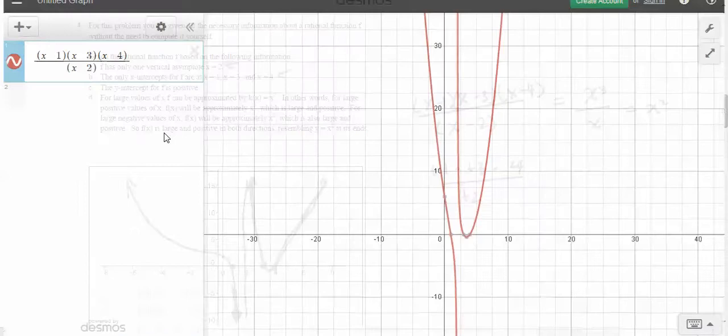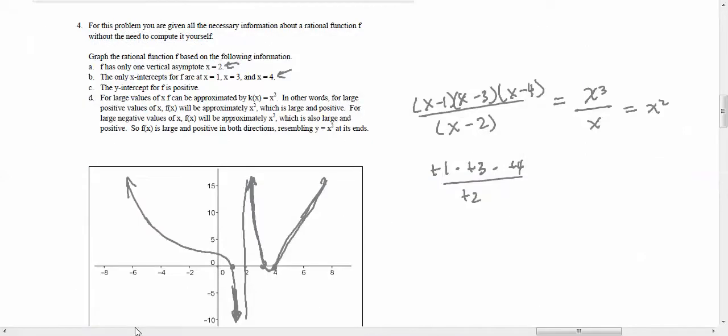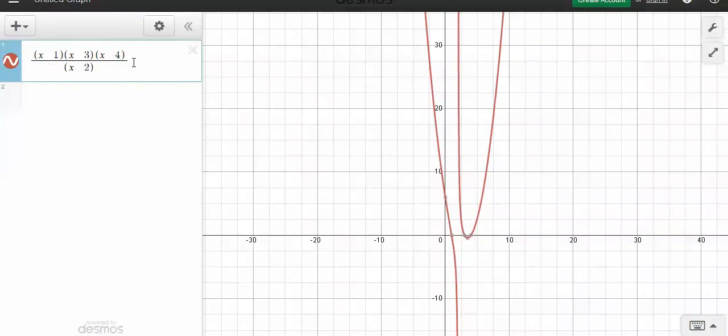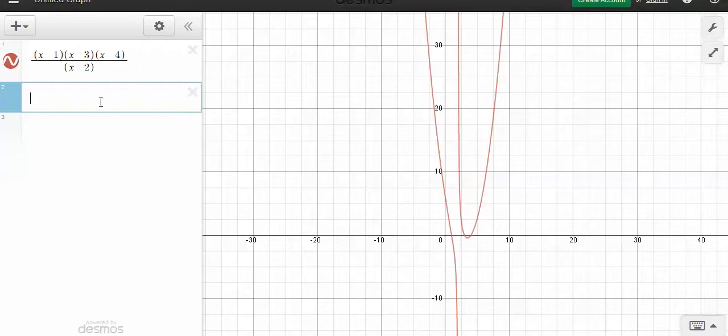Cool. You know what I kind of want to try is graphing x squared, because they said it's approximated by that, and we'll see what happens. It looks to me like it's almost a shifted parabola as I expand this thing out. Why is this not responding? Come on, Desmos.